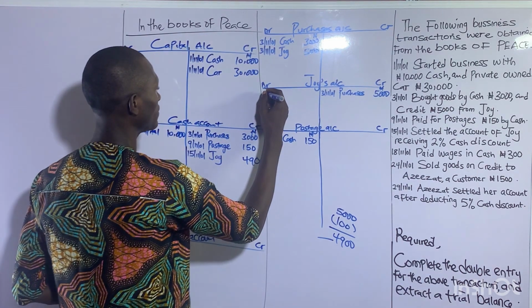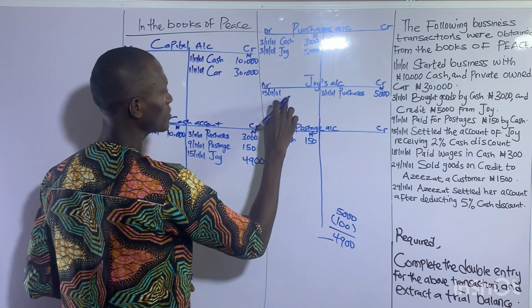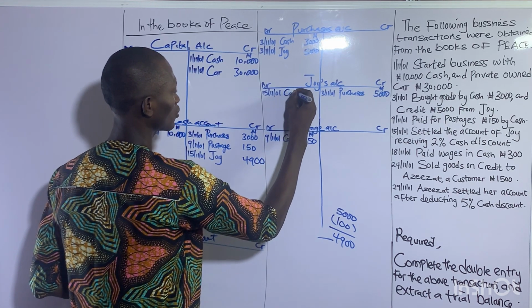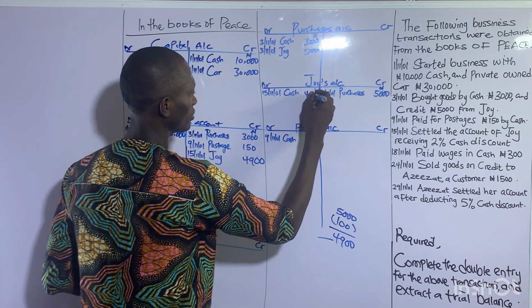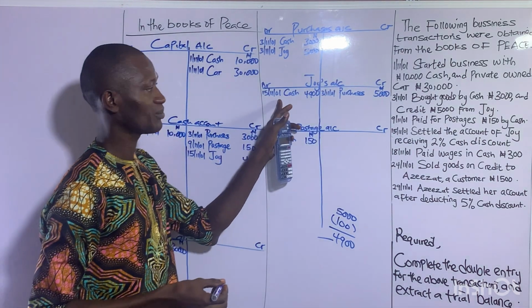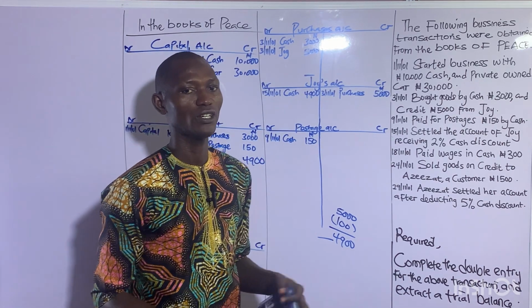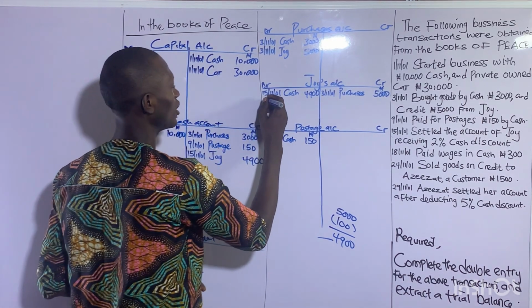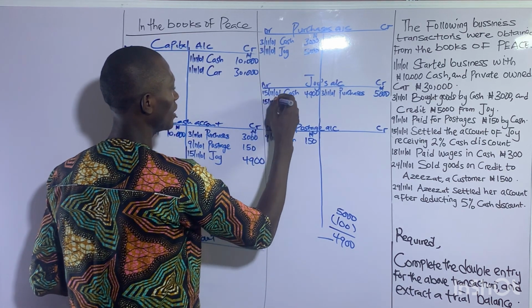So the date is 15/11/01. So who is paying Joy now? Is cash. Then the amount is 4,900. And don't forget, Joy allowed a discount of 100 naira. So that discount will also reflect in Joy's account, the same date, 15/11/01.